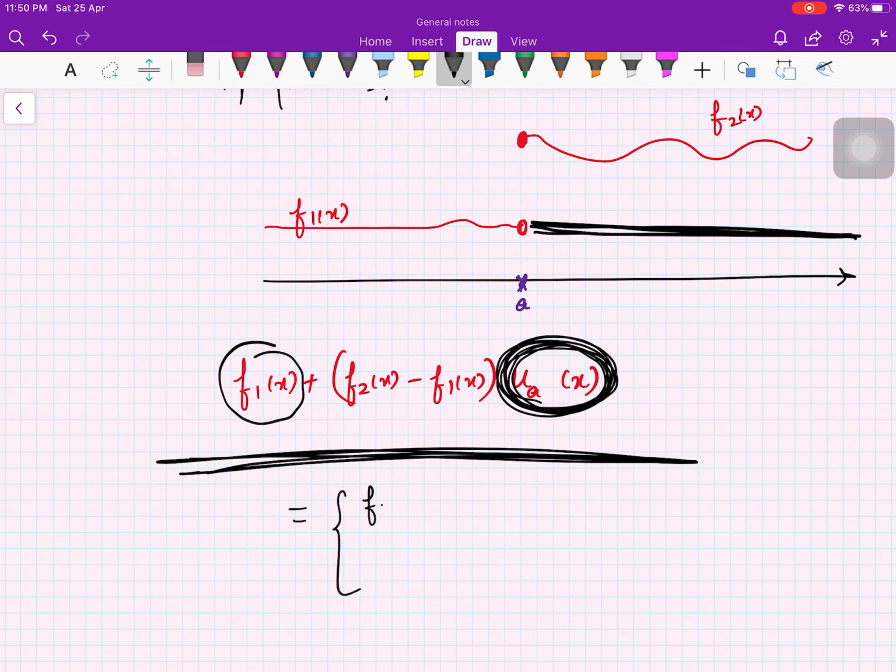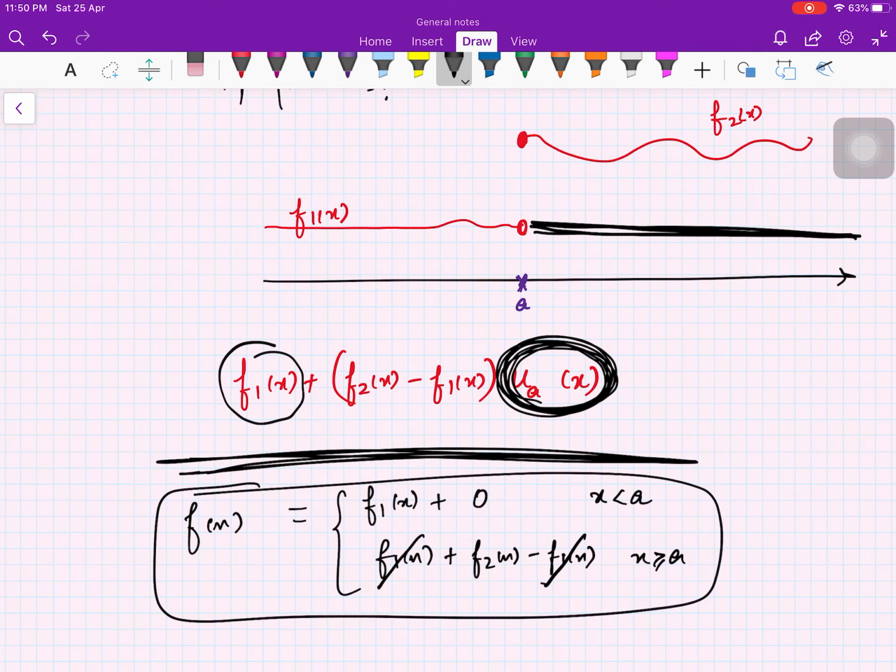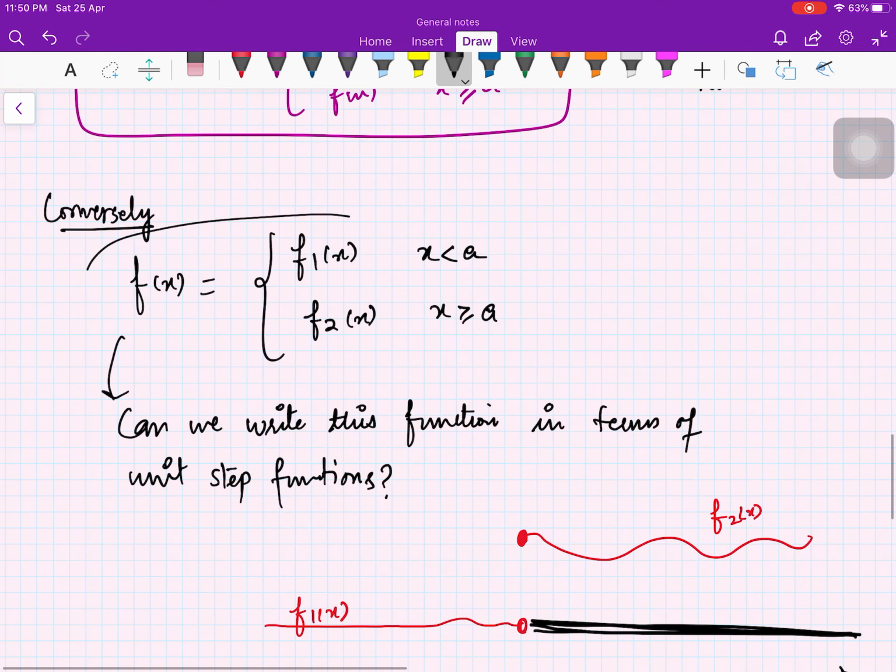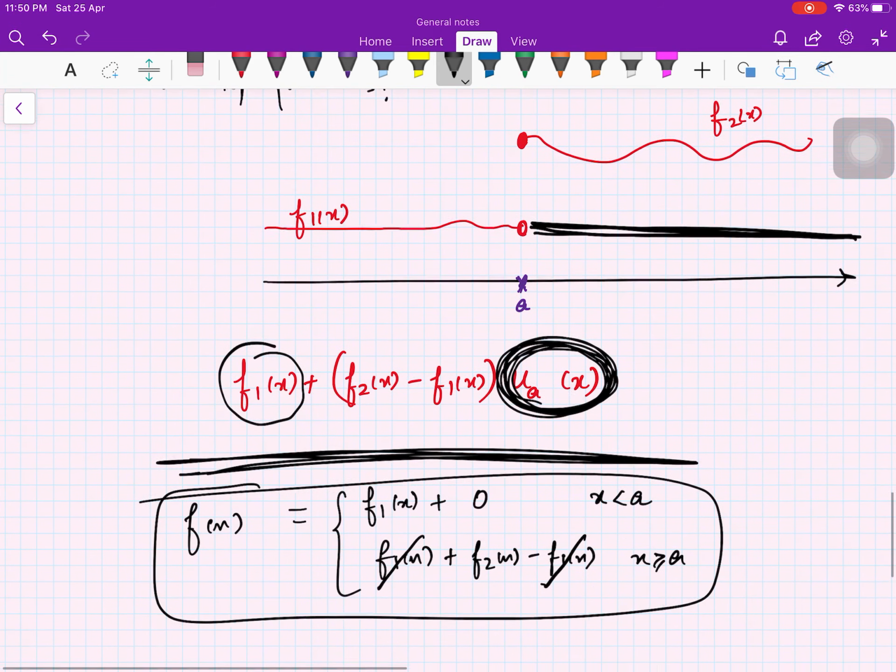So if you open this function, you will get f1(x) plus 0 for x less than a, and f1(x) plus f2(x) minus f1(x) for x greater than or equal to a. So this f1 and f1 will cancel, and you will get your function back, right? Whatever was the original.